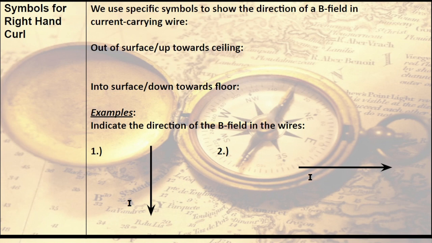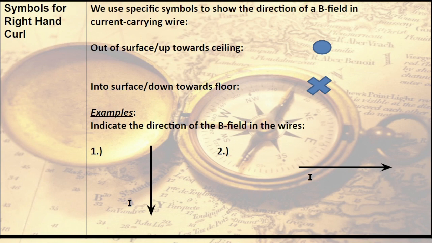In order to do that, we're going to use the symbol that looks like an O or a circle. Next, if our magnetic field is pointing into the surface or down towards the floor, we're going to use an X. We could think of an X as like X marks the spot, right? If we're going into something or down towards something, we want an X. And if we're coming out of the surface, we want an O.